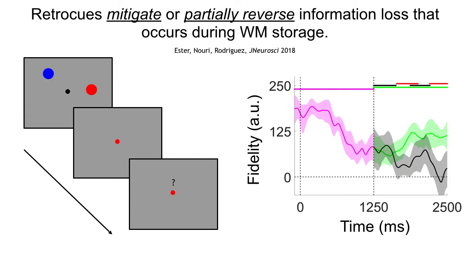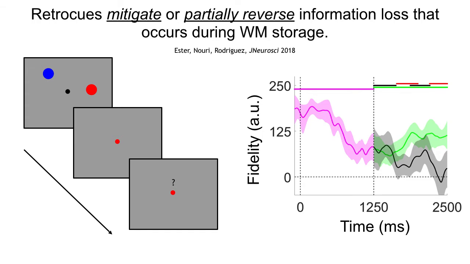What we found was that before presenting the cue, the quality of memory representations kept going down up until cue onset. After presentation of the cue, which is where the line splits from purple to black for the uncued location and green for the cued location, as you can see, we observed a rebound for the cued memory representations while the location information for the uncued location continued to go down.